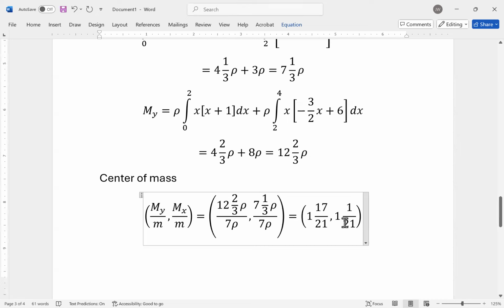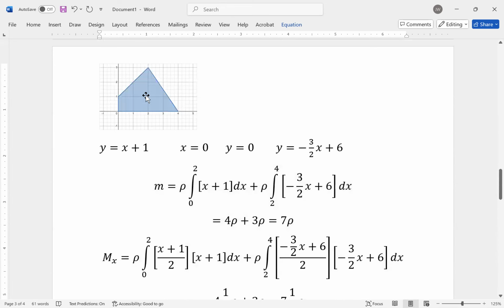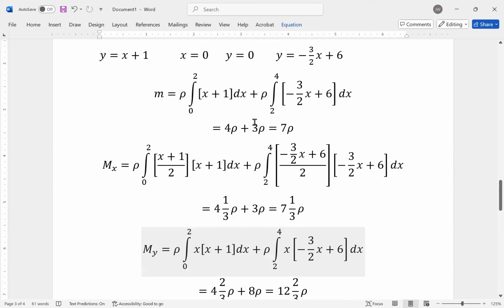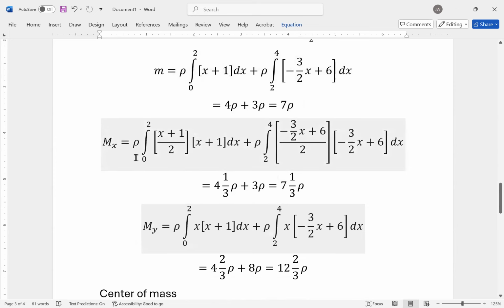So that is the end of this example and the end of this section. Remember, if you do have different sections of your graph that determine different f of x, then you just break up your graph into multiple pieces. Then the mass is the sum of all pieces, and you have to calculate each moment separately, sum up all of the moments about the x-axis, all of the moments about the y-axis.